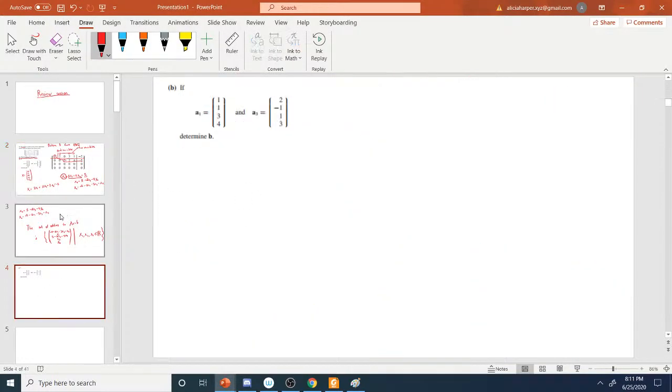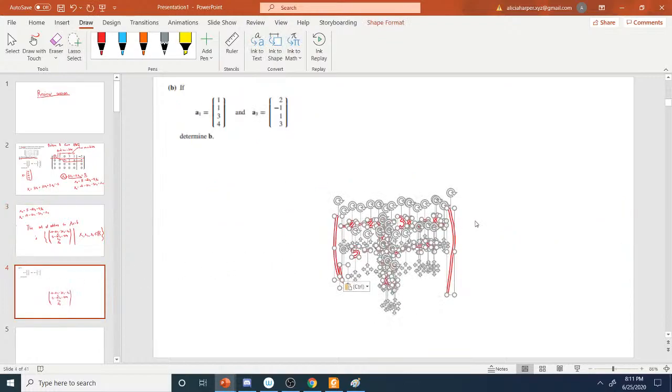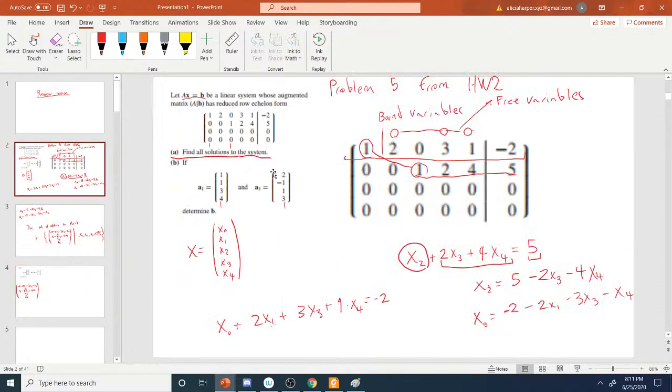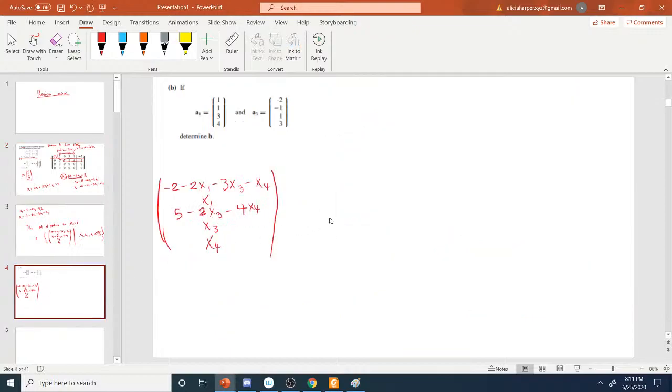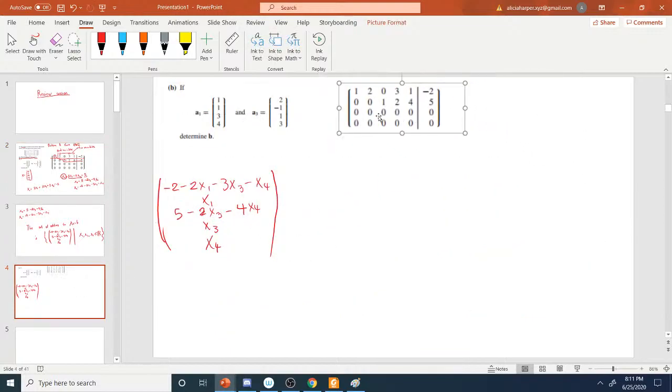So we're also going to take the set of solutions we have right here, and we're going to want both of those handy. So what we're doing is, because this is A1 and this is A3, we're going to replace the first column here with this, and the third column here with this.